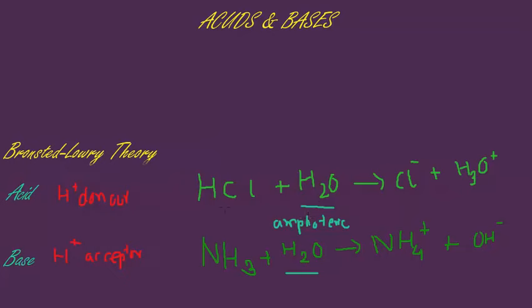You can see that hydrochloric acid is more acidic than water, and so it is donating a proton. But here the ammonia is more basic than water, and so it is accepting a proton from water and forming NH4+. So water is an amphoteric substance. It acts both as an acid or a base, but if you see its pH, it's neutral.